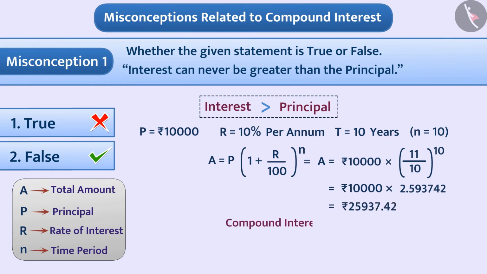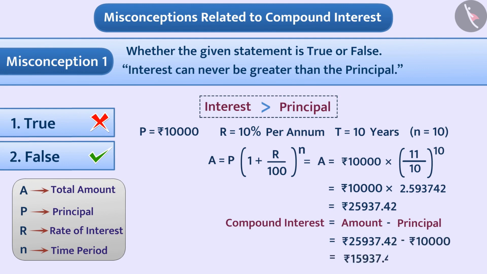Since compound interest is equal to amount minus principal, which is equal to 25,937.42 rupees minus 10,000 rupees, which is equal to 15,937.42 rupees. So, tell me, is the interest greater or smaller than the principal? In such situations, you will find that interest can be greater than the principal.